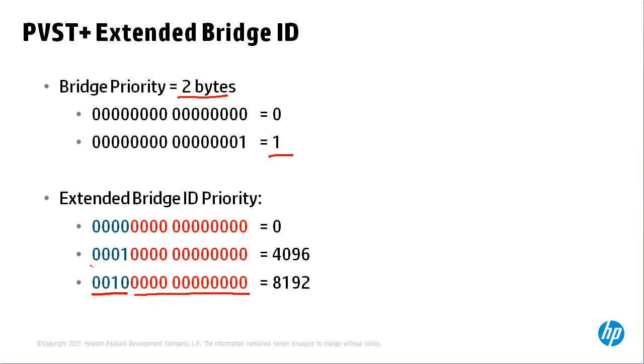So if the priority bit is set to 1, the value when calculated is 4096. In other words, this field as a full field is 4096. If the priority is set to 2, the full field equates to 8192. On Cisco switches and HP switches running the Comware operating system, you have to configure the bridge priority in multiples of 4096.